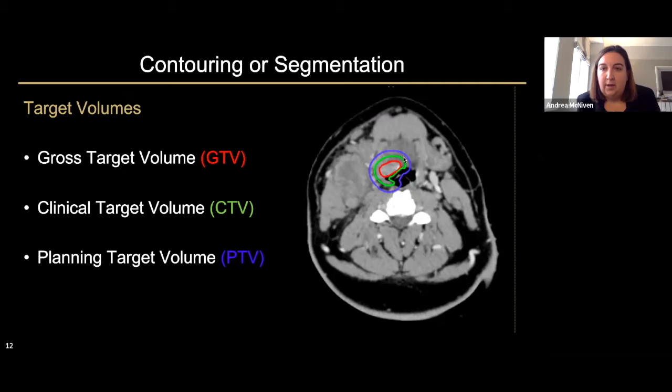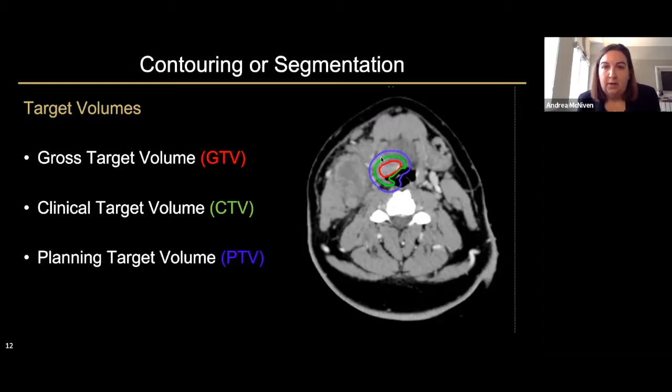That is then expanded. So the importance of these contours is really that they are often the base for other expansions that are used throughout treatment. So each time you expand the targets, any inaccuracies in the original contour can really propagate throughout treatment, showing how important the original contours can be.